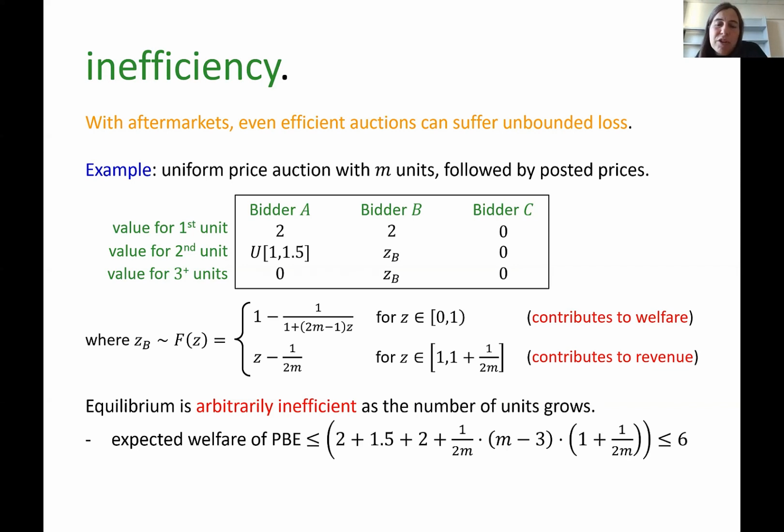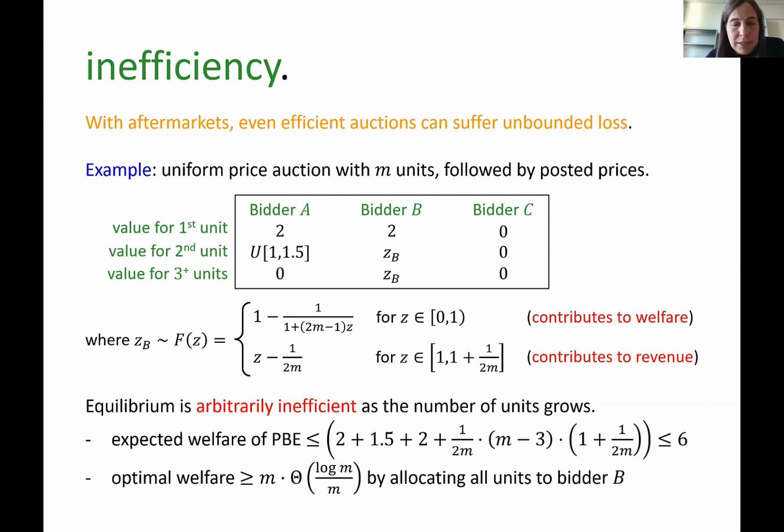And then with probability 1 over 2m, she's a high type, in which case she buys the remaining m minus 3 units from bidder C. And her value for these is at most 1 plus 1 over 2m. And so this in total gives a bound on the welfare of this PBE of 6, which is a constant.